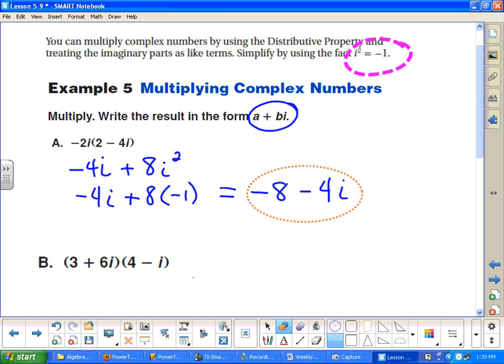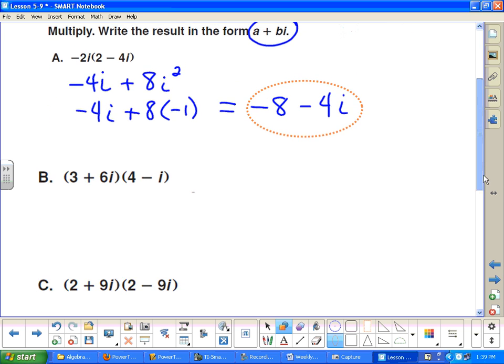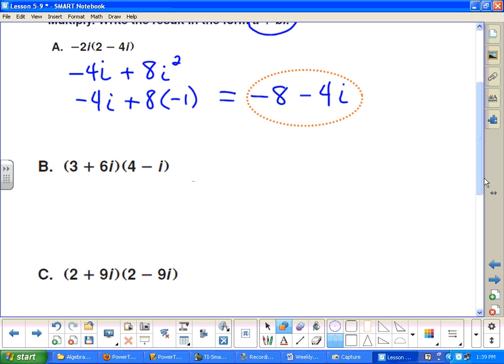So this multiplication is just like the multiplication you've done before. If it's just a monomial times a binomial, we just distribute. If we have two binomials like we have in letter B, then we're going to FOIL them.